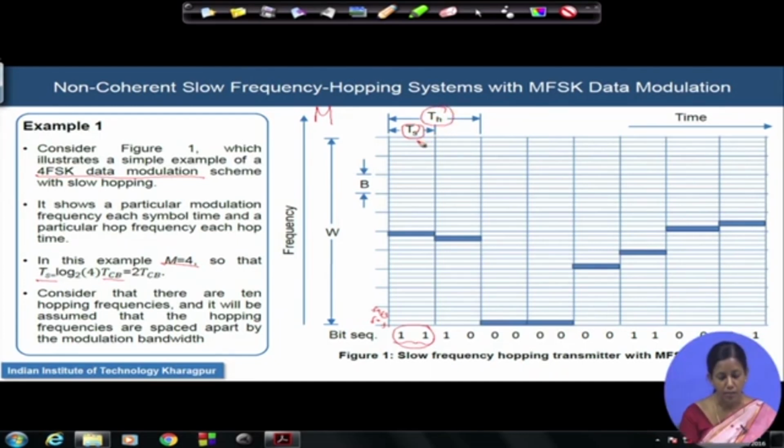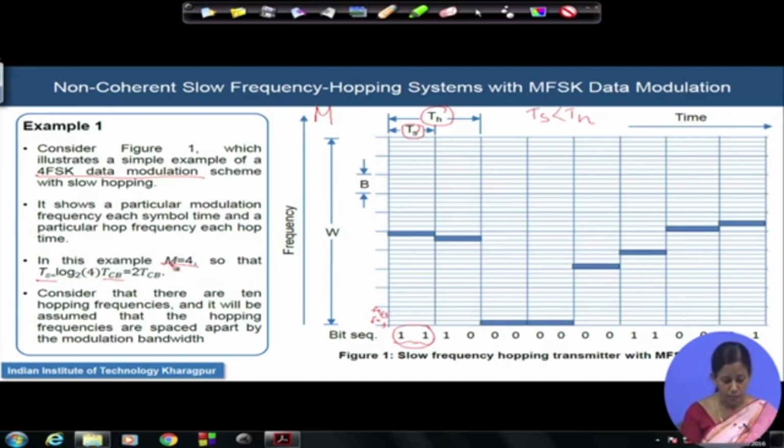There is a nice relation for a slow frequency hopping system: the symbol duration Ts is less than the hopping time Th, and Th is an integer multiple of Ts, that is, N times Ts is equal to Th. Then only can you consider that slow frequency hopping is going on. I mean, within a hopping time you have multiple symbols getting transmitted.